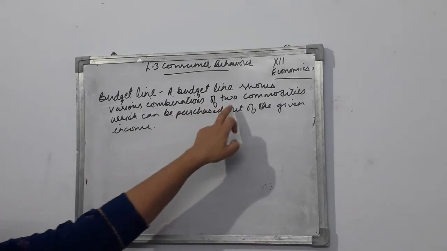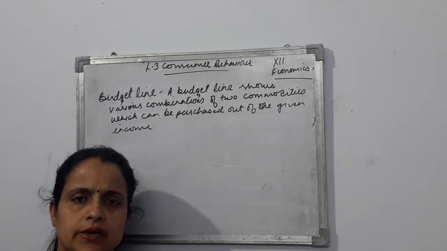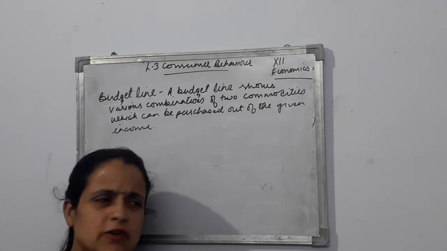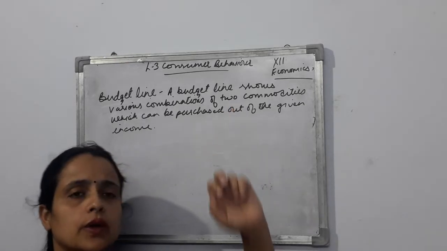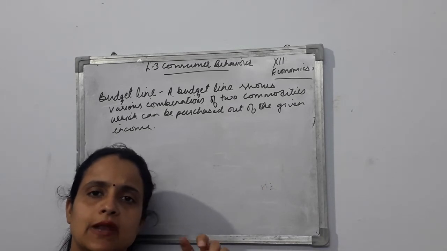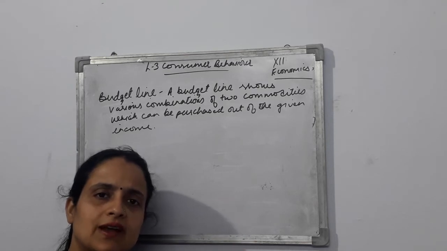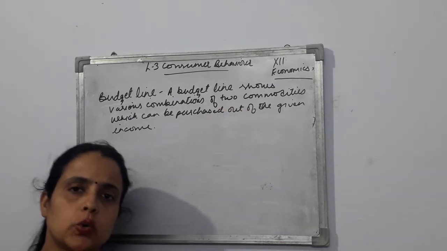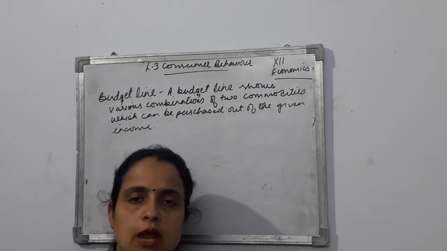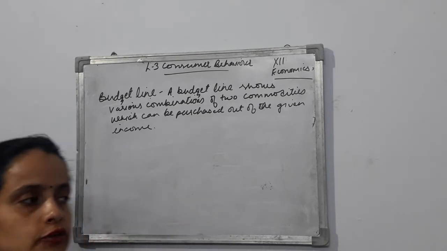We purchase a lot of commodities, but we cannot show them all here. So we will show through an example only two commodities, and it's an assumption that we are purchasing only two commodities because it is very simplified for me to explain to you, or for anybody to explain. That's why we are using the words two commodities, right? So budget line shows different combinations of two commodities which can be purchased out of the given income. So this is budget line.